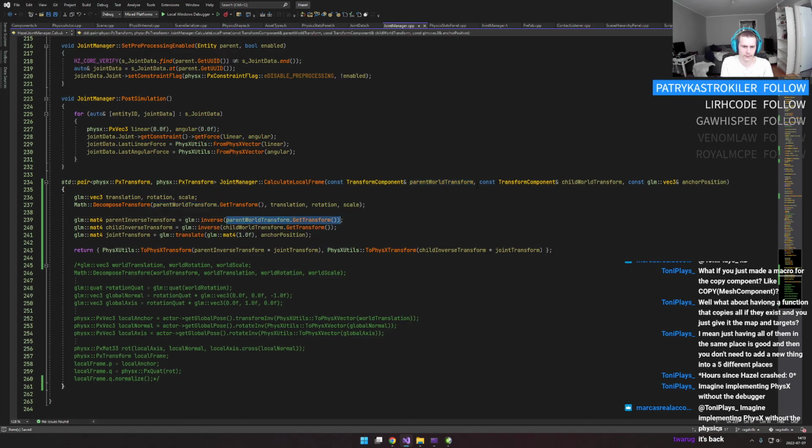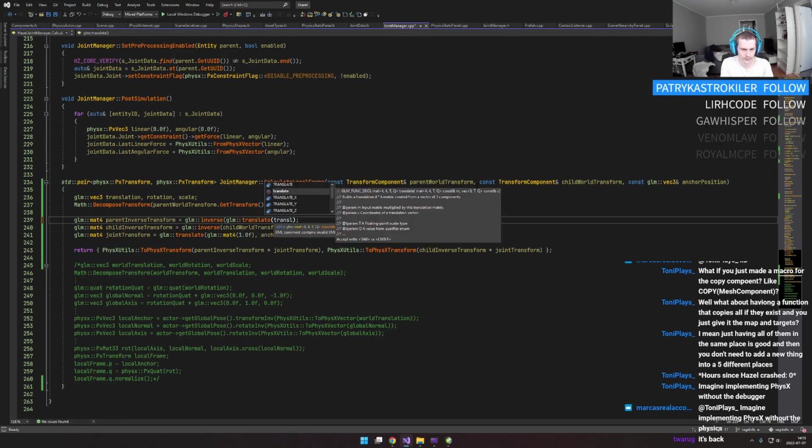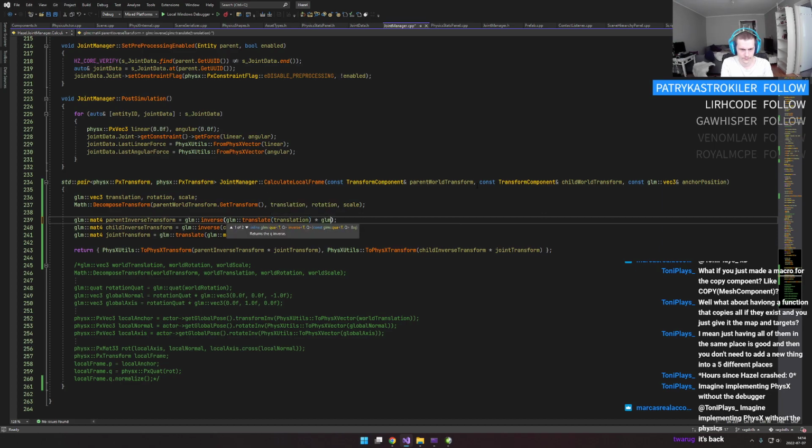We'll then do an inverse of translation, which takes a... is it the rotation or... no, it's rotate. How is it we compute that?